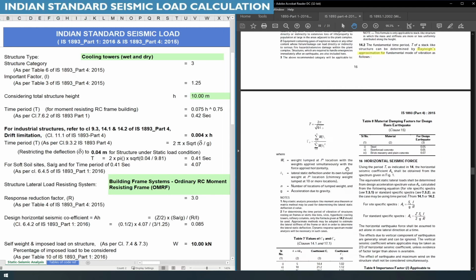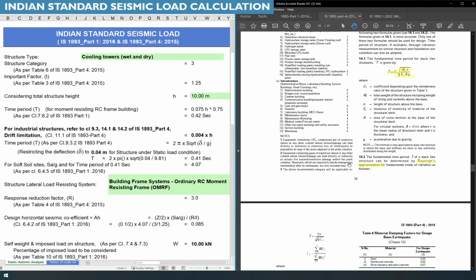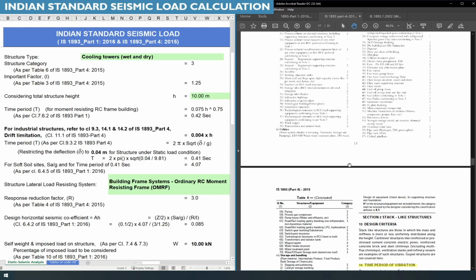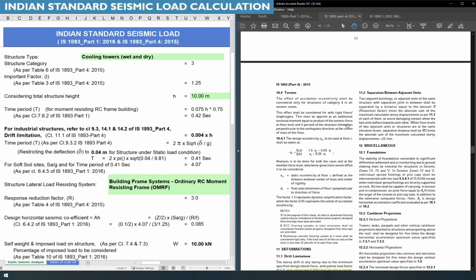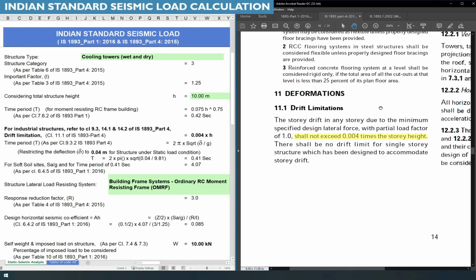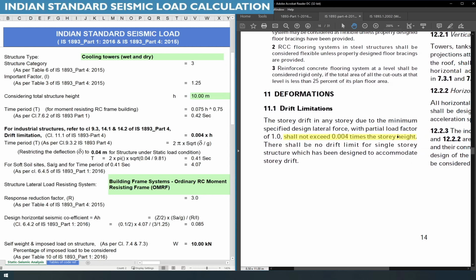For that, page number 16 is to be referred. Here you can see the drift limitation is provided, with partial load factor as 1, which should not exceed 0.04 times the storey height. That is, the maximum drift limit is 0.04 times the height.